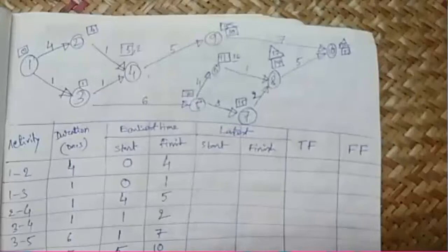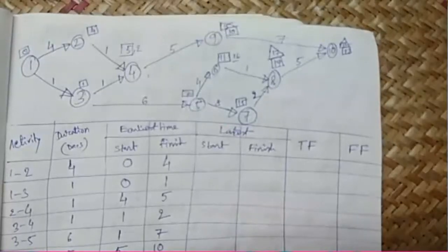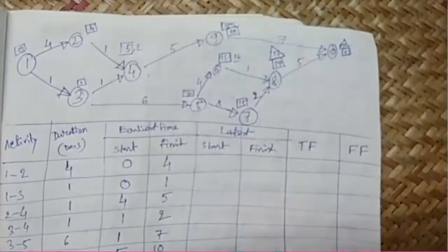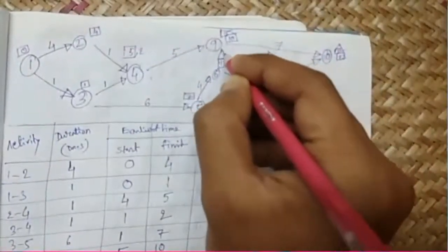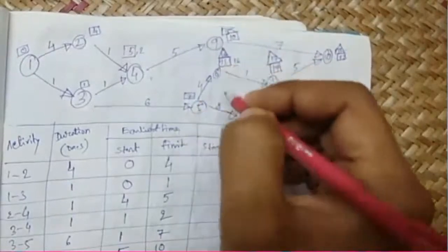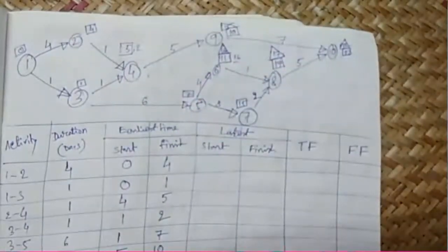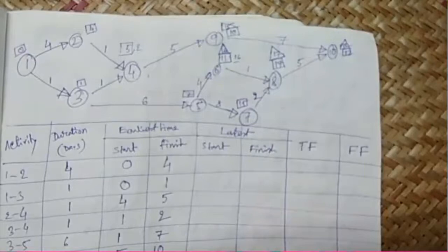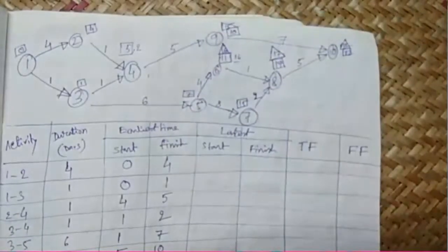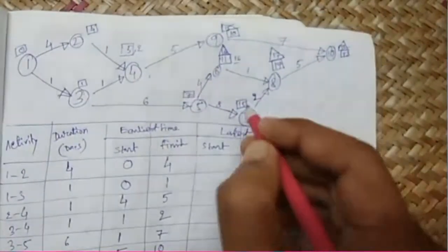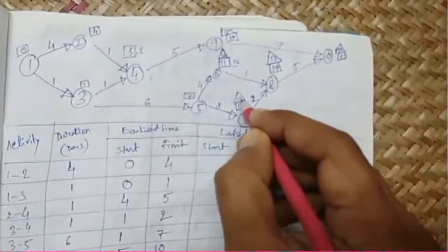Now, on this rectangle for 6, the latest finish 16 will be written on the triangle over the rectangle. So we will write 16. And for 7 8 also, the latest start was 15, so here we write 15.